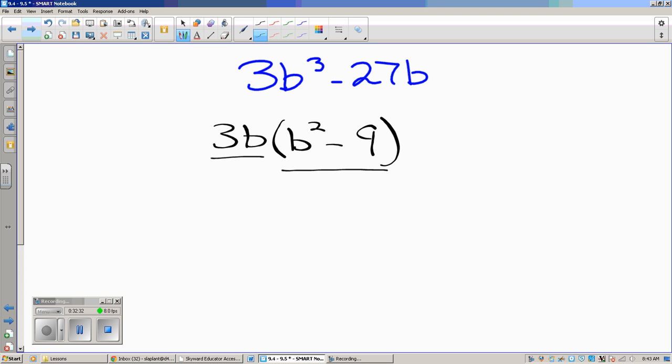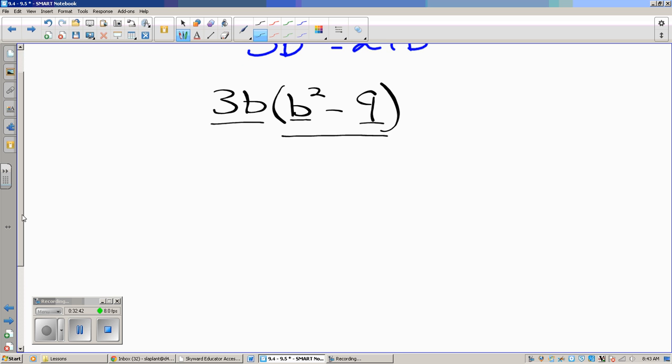Is this the difference of 2 perfect squares? Absolutely. Is b squared, Riley, a perfect square? Is 9 a perfect square? Okay, so now we've got 3b times the square root of b squared, which is b. And then the square root of 9 is 3.